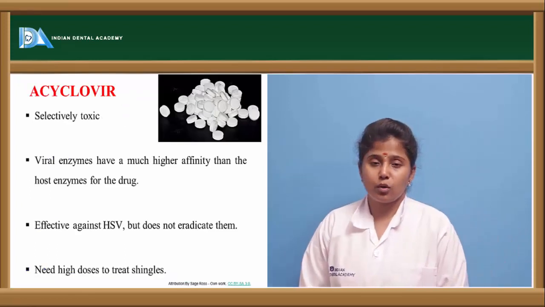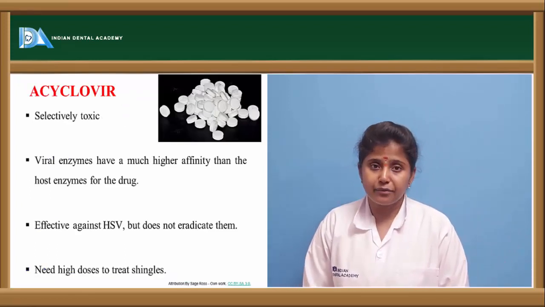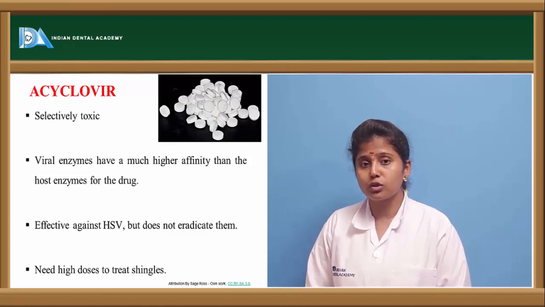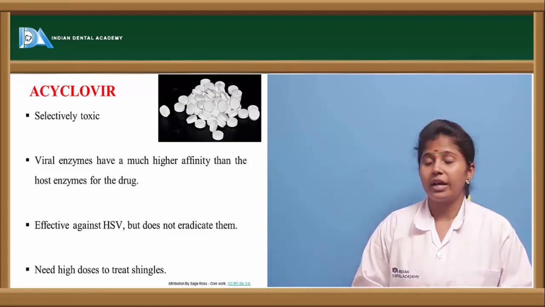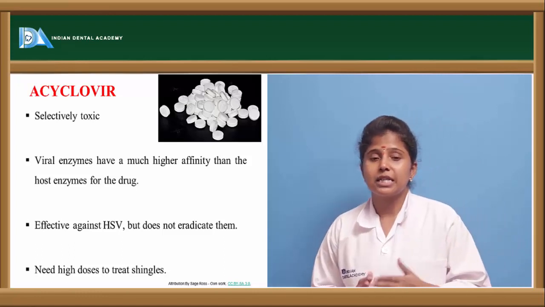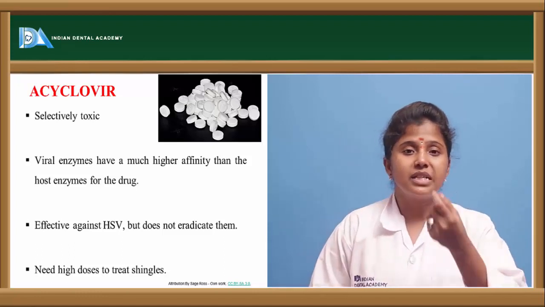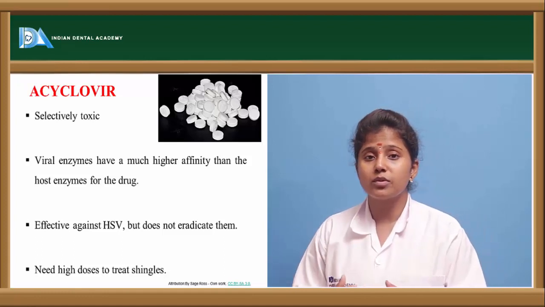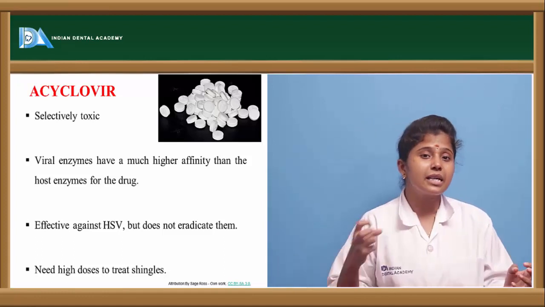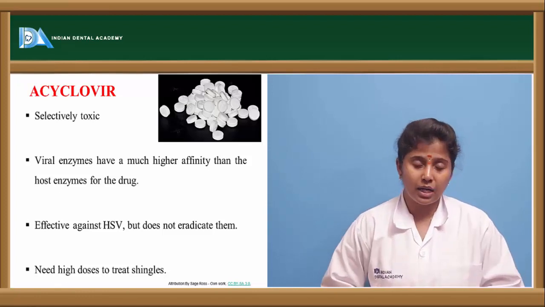Let us see acyclovir. Acyclovir has selective toxicity. It is toxic to selective viruses, and the viral enzymes have much more affinity towards this drug than the host enzymes. The viral enzymes have greater attraction to acyclovir than the human enzymes.